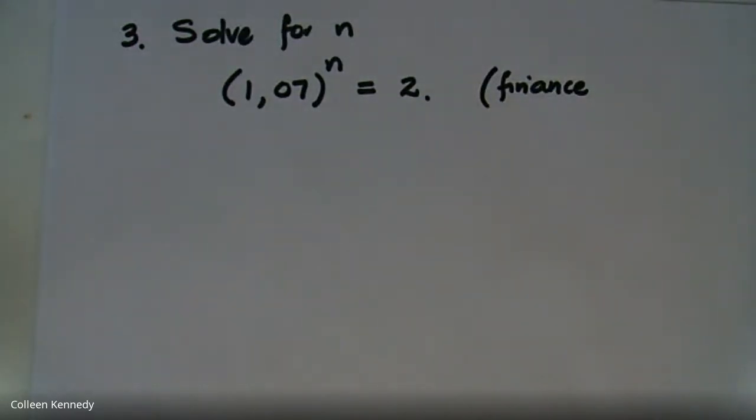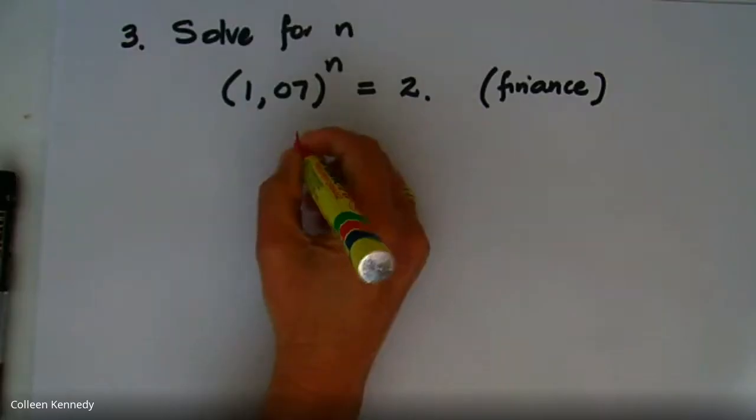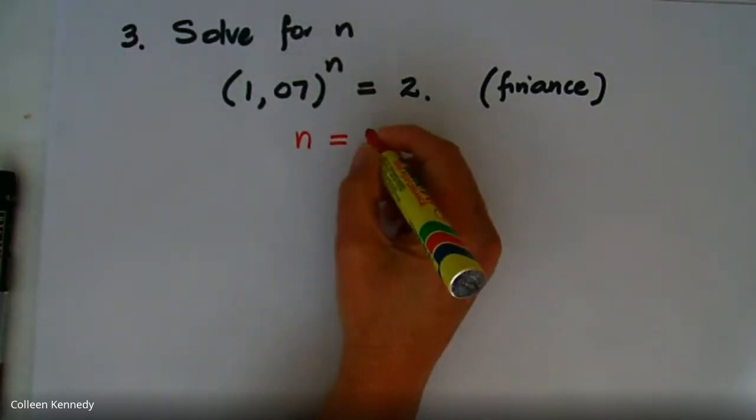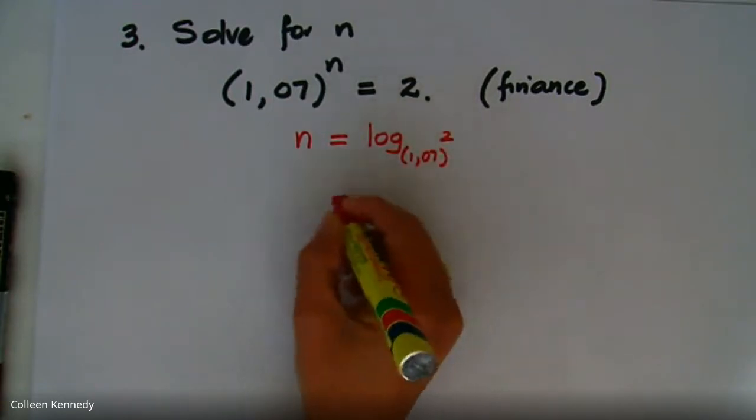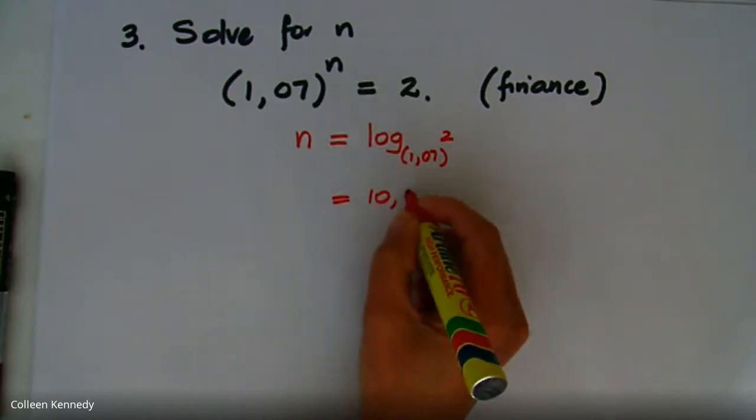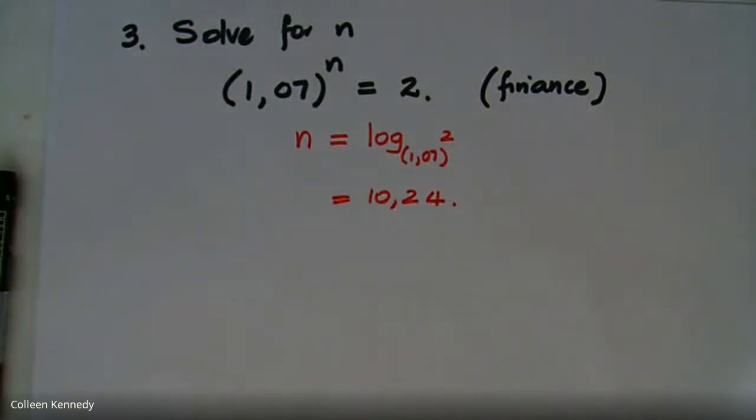You can solve that for me, please. 10,24. So n is going to equal log to the base 1,07 of 2, and the answer is 10,24. So you can see why we need this, and why we don't need it in too advanced core maths, but one of its uses is finding n in finance.